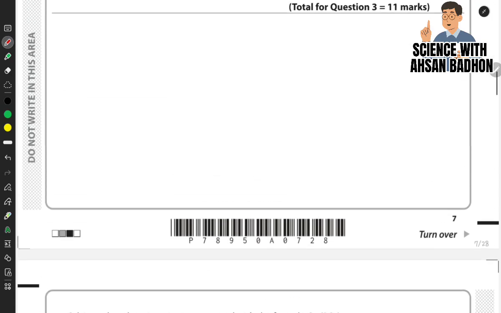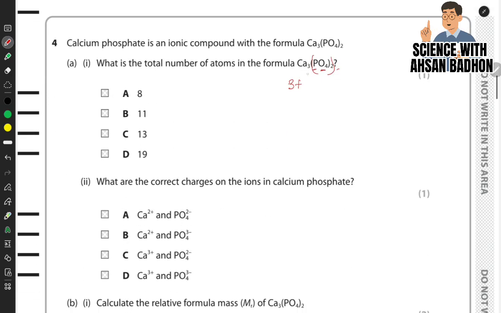It is similar to algebra: 3 plus 2 times (1 plus 4), that is 5, so 2 times 5 is 10, so 3 plus 10 is 13.